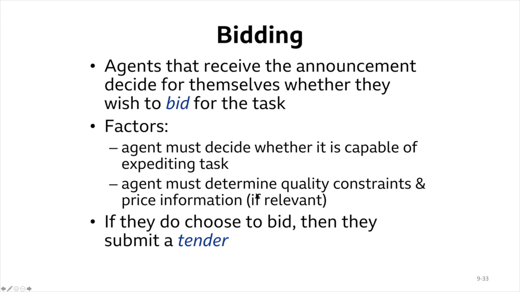So in many applications, the transaction will be a financial transaction, so they will be bidding to carry out the task at a certain price. In our disaster recovery scenario, we don't imagine the price being a factor, but for many applications you might think of them doing that. And if they do choose to bid, then they submit a tender for that bid to be carried out.